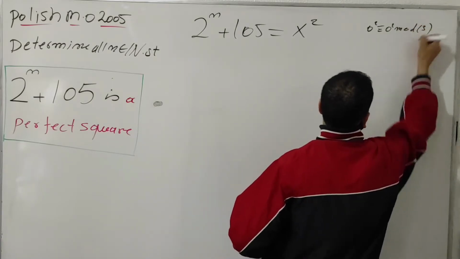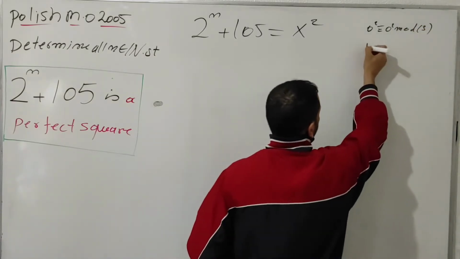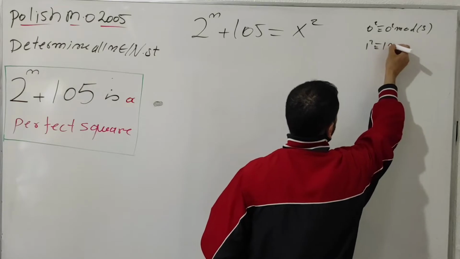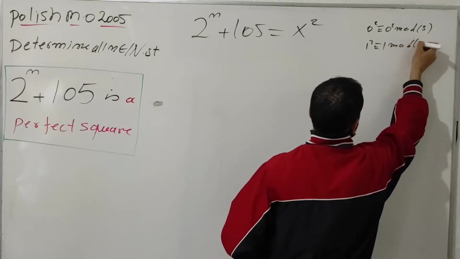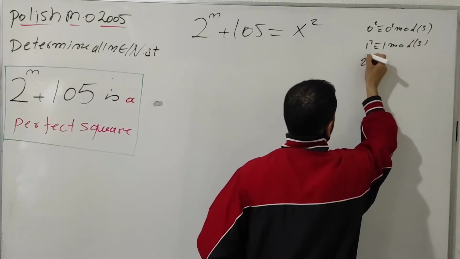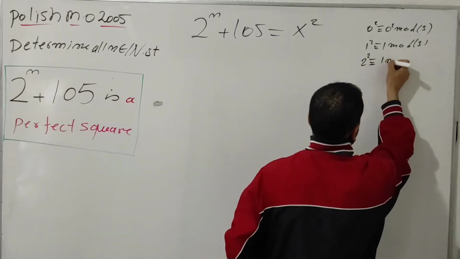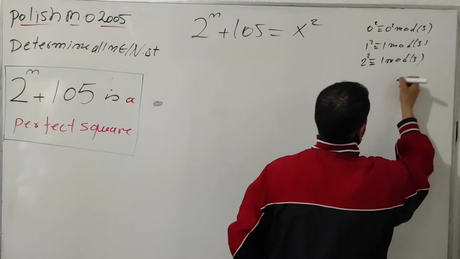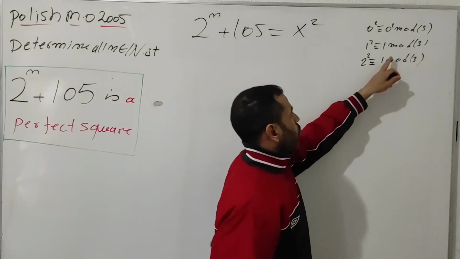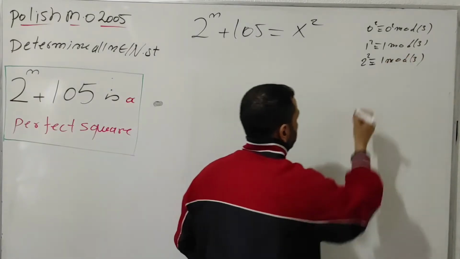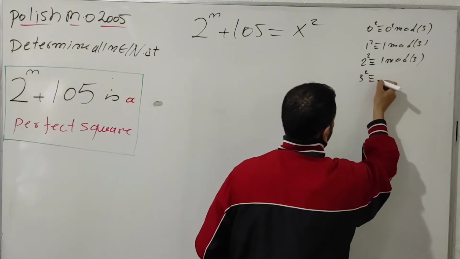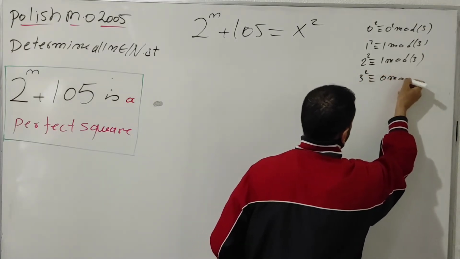For 1 squared, that gives us 1 mod 3. For 2 squared, which is 4, that gives us 1 mod 3, because 4 is 1 more than 3. For 3 squared, it is congruent to 0 mod 3.